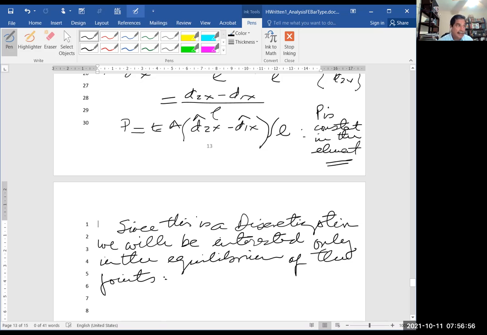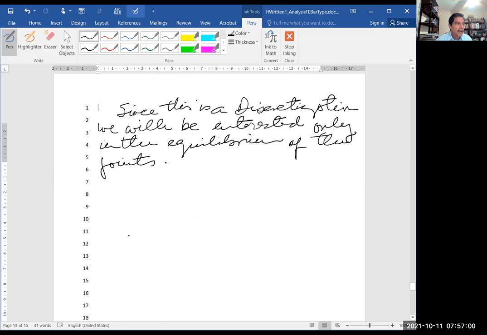Okay? What happens in between? This is discretization. We only worry about 2 points, the equilibrium of 2 points. And the rest, well, we'll see what happens in the future. But so far, this is what we are interested in.